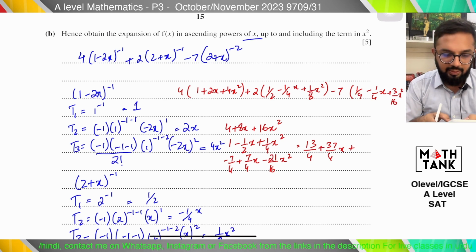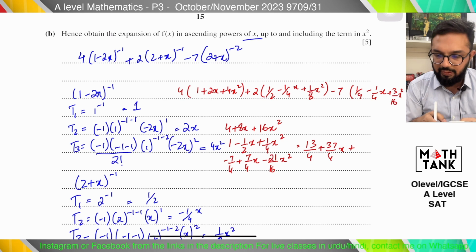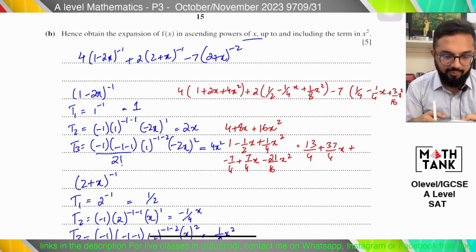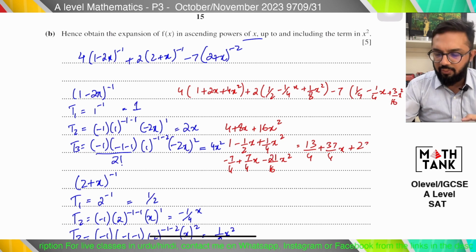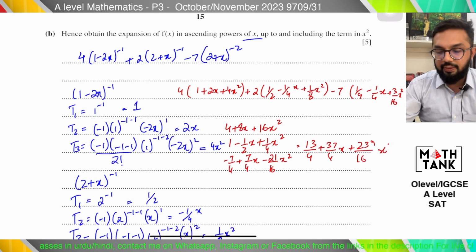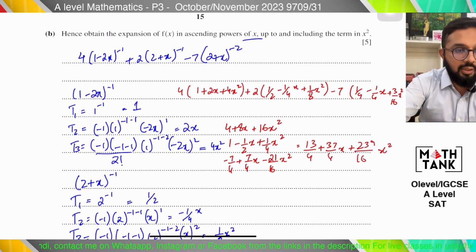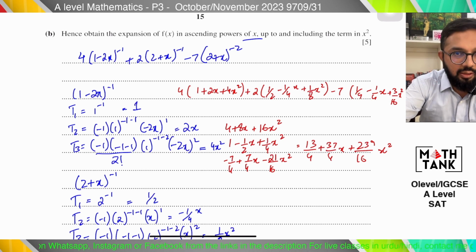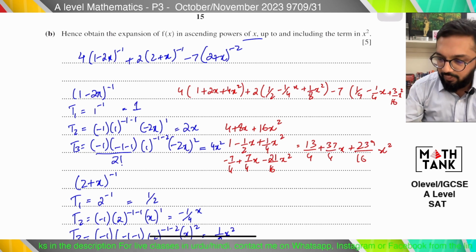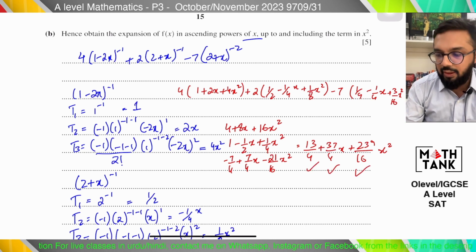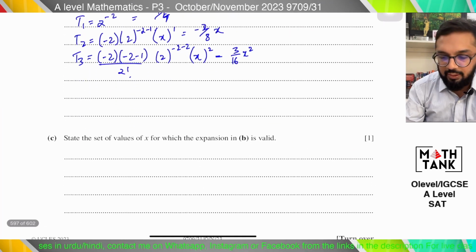Plus 16 plus 25 minus, 239 over 16. I have the answers. Let's verify if they are the correct answers, or if I made a mistake. 13 over 4, 37 over 4, and 239 over 16. Yes, those are the correct answers.